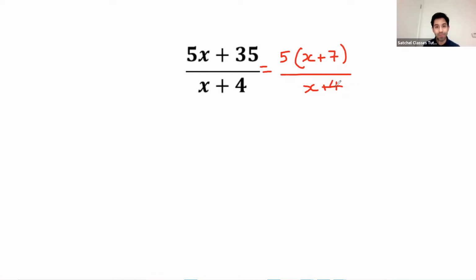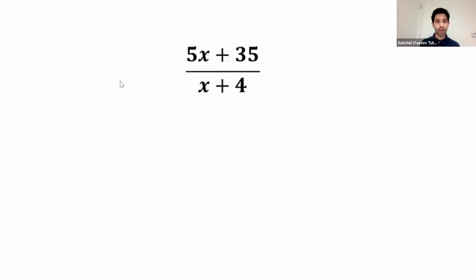So we can either leave it in this form, or we can say it cannot be simplified. And really, you wouldn't get a question like this in an exam, or they wouldn't ask you to simplify this. However, this was a good test for you to realize whether you can actually simplify it or not.